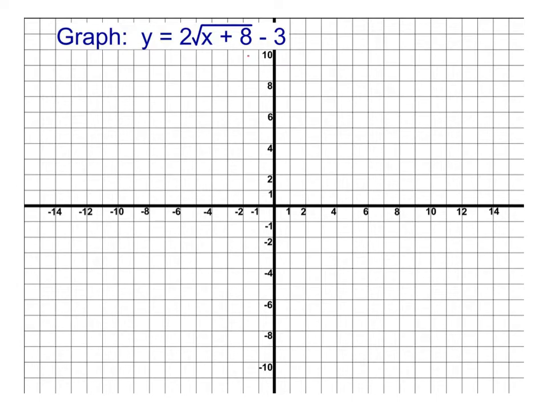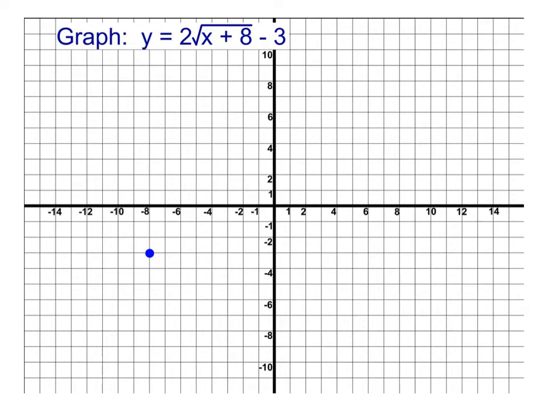It moves it left, because it's inside with the x, so that tells me to move it in the x direction. And plus means left in that case. So I'm going to go left 8. And the minus 3, which way does that tell me to move? Down. So the minus 3 tells me to go down 3. So my very first point is going to be left 8, down 3. The 2, notice, did not affect that in any way, shape, or form.